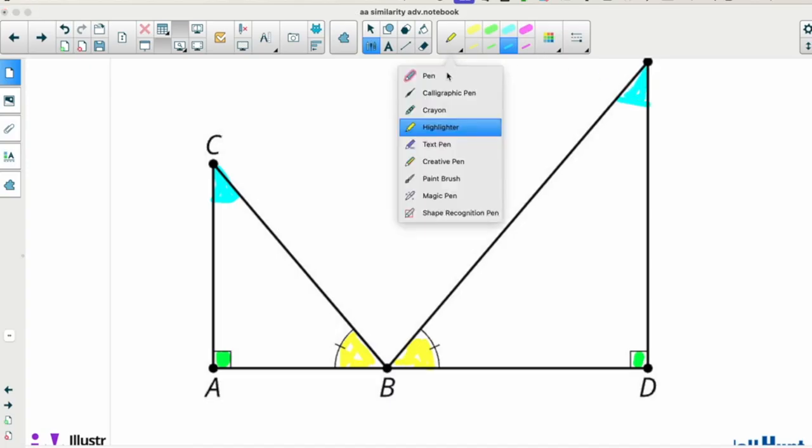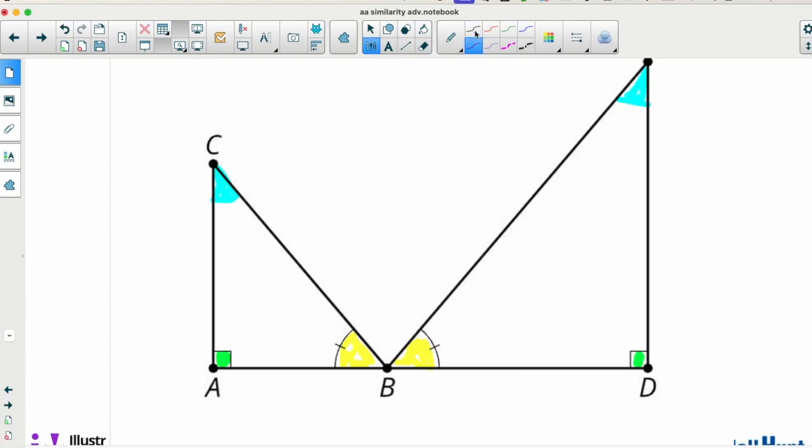creating scaled copies. And so we were looking at corresponding sides, and side AB is between the right angle and the congruent angle down here at B, so that means side BD corresponds.